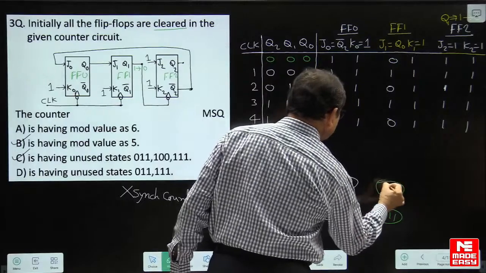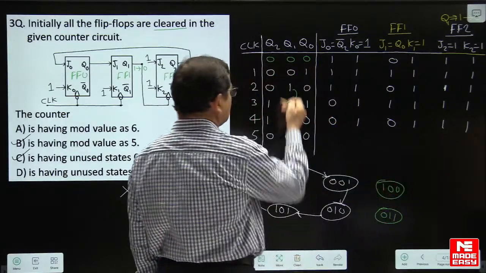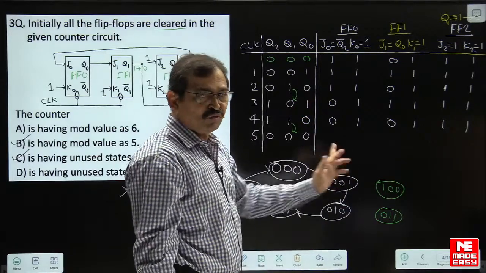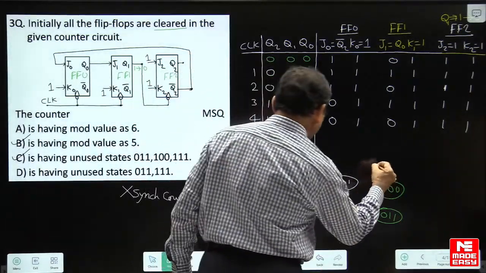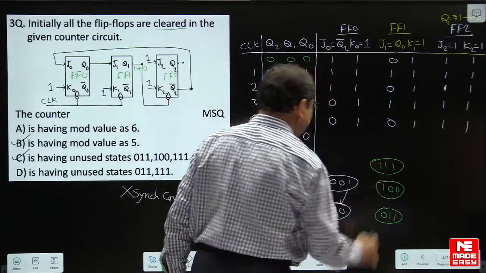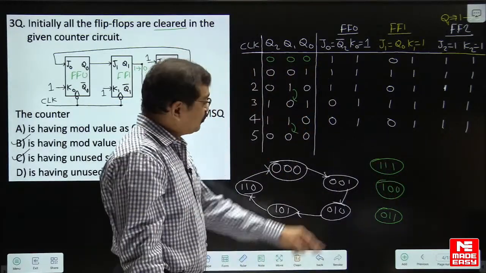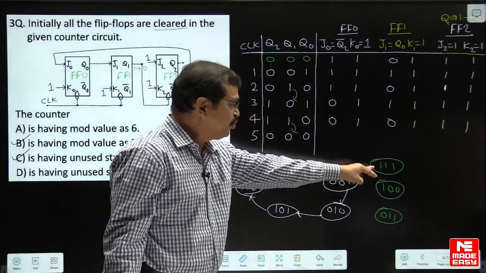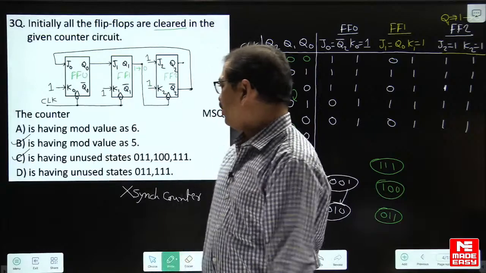And this 1, 0, 0 is also not used in the switching sequence, so it is also an unused state. And also we look at this 1, 1, 1, which is not in the switching sequence either. So these are the three states which are unused states: 0, 1, 1, 1, 0, 0, and 1, 1, 1.